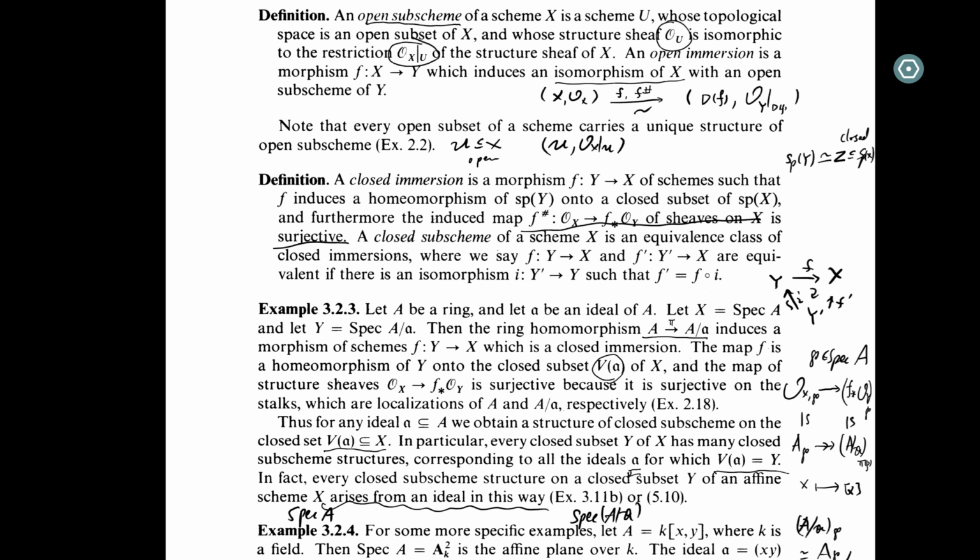But in the case of affines, it is simply that your Y is an affine scheme of the form Spec A modulo a, isomorphic to this as a locally ringed space. This is not very nice for me, every time it's isomorphic to something, isomorphic to something. I will give a more precise description, I think, and maybe reference that project later.